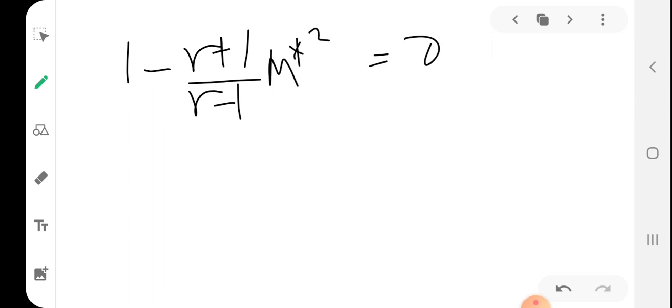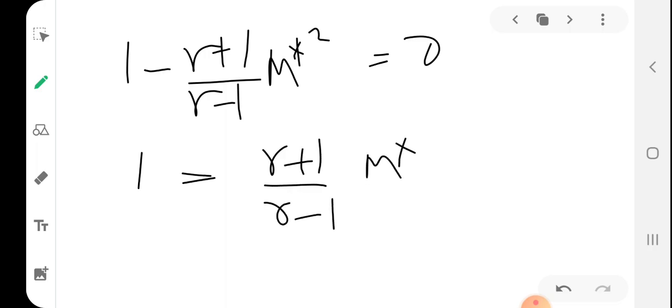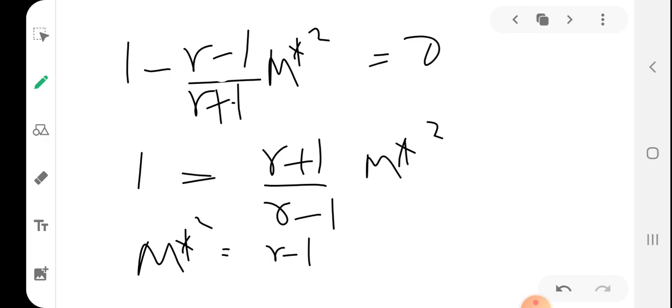What is the denominator? 1 minus gamma plus 1 by gamma minus 1 M star square should be equal to 0, means 1 equals gamma plus 1 by gamma minus 1 M star square, or M star square equals gamma plus 1 by gamma minus 1.